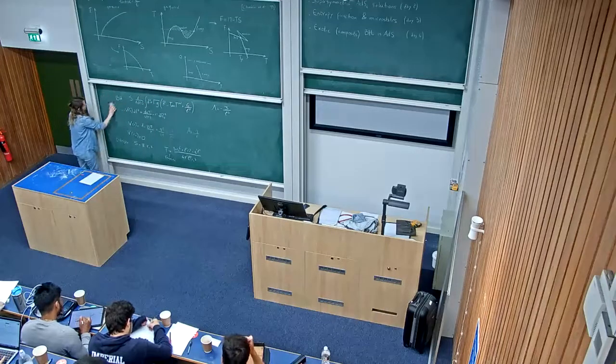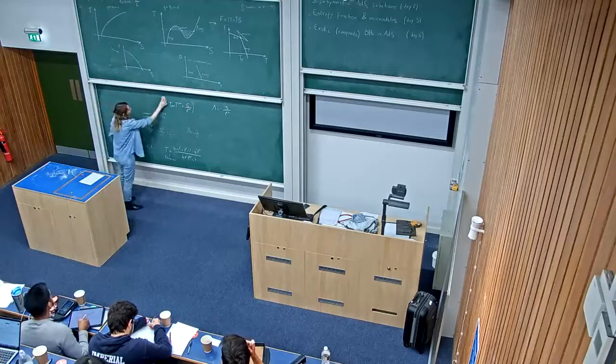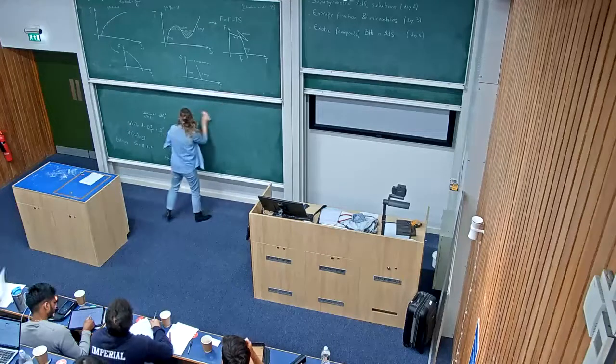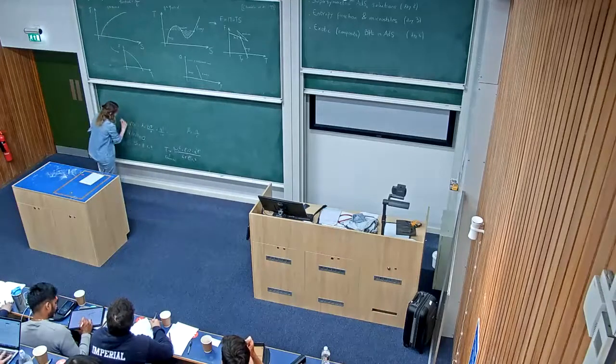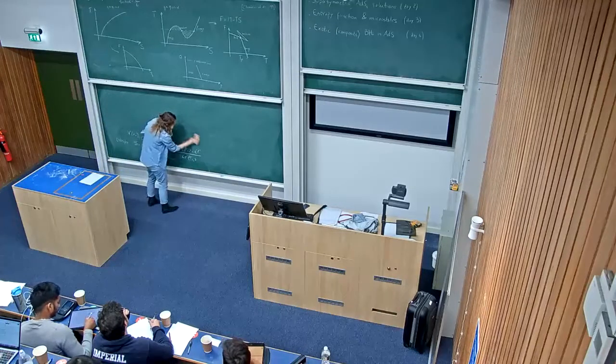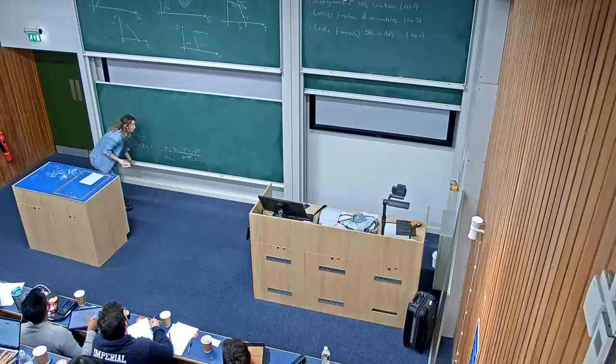Already in the case without charge, in the case of a Schwarzschild AdS black hole, you have a phase transition as well. In that case we set the charge to 0 because we want to work with uncharged black holes.